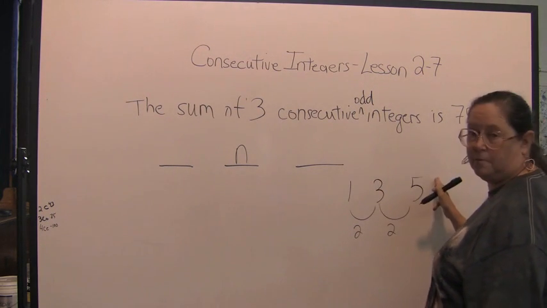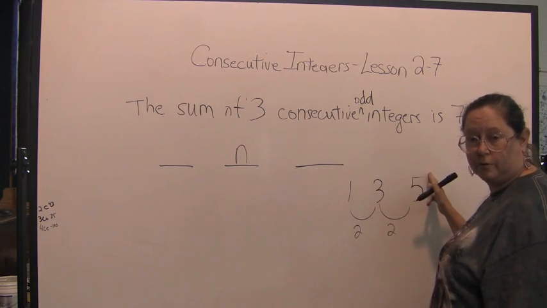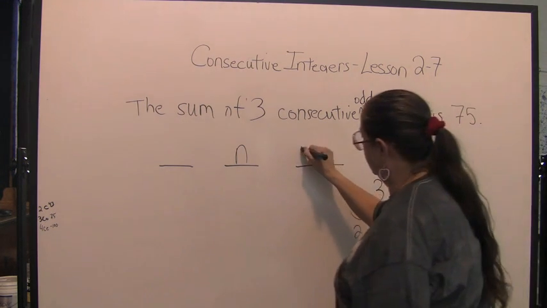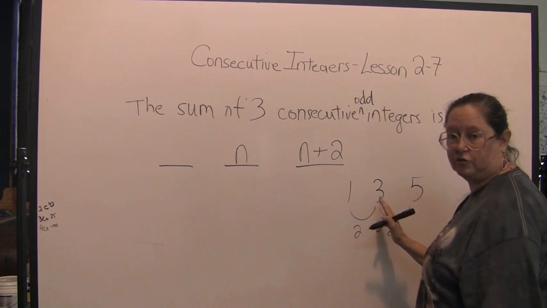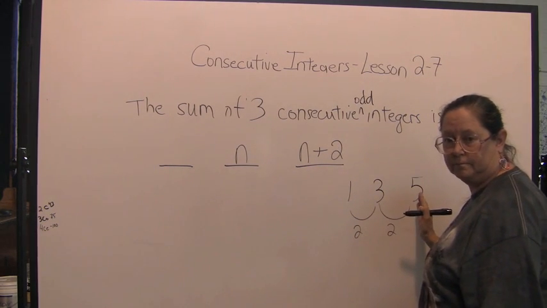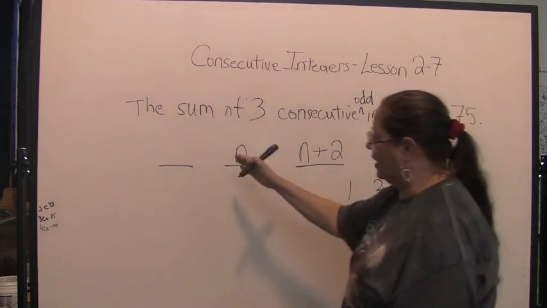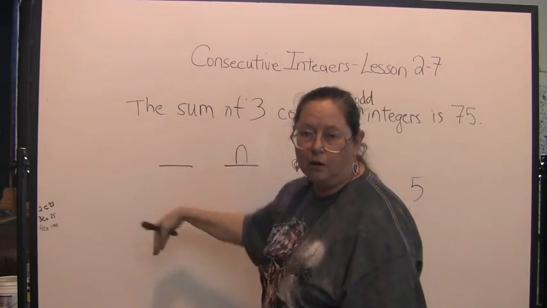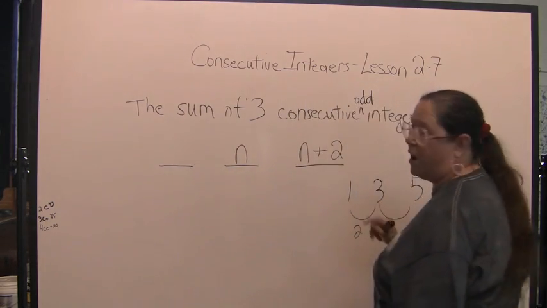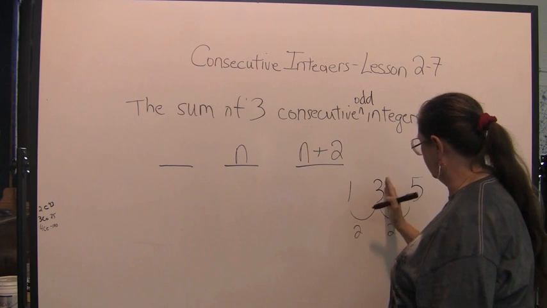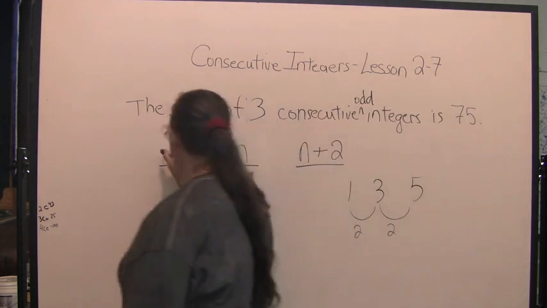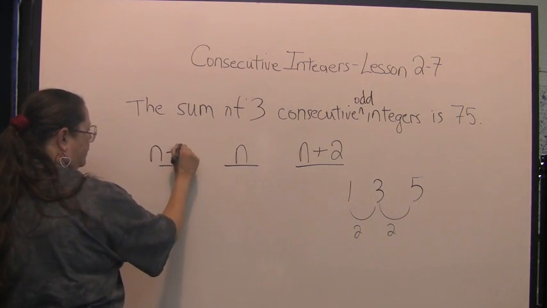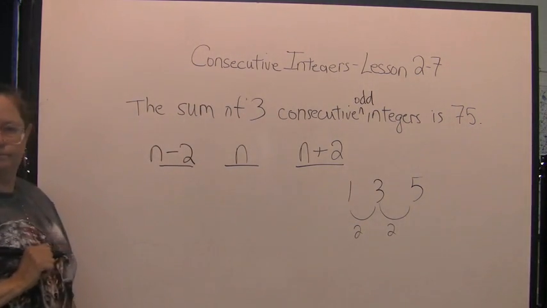And then to get to my next largest number in order, I'm going to add n plus 2. So it would be, in this case, 3 plus 2 would get me to 5. Okay? On this side, to get to my next smallest consecutive odd integer, I'm going to subtract 2. So it'd be 3, take away 2, I'd get to 1. So I'm going to make this one n minus 2.